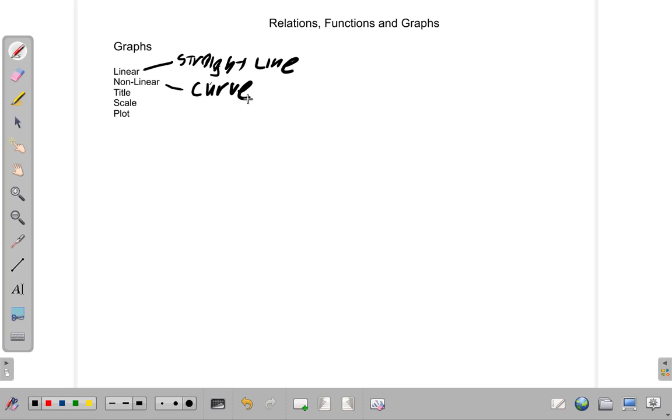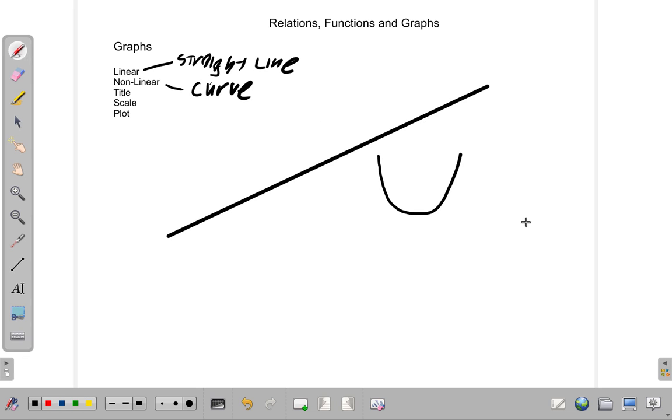But for now, we have our straight line and we have our curve. So we have our straight line, no bending, and then we have our curve. Could look like this. Our curve could look like this. It could look like this. As long as you have it bent, that's a curve.